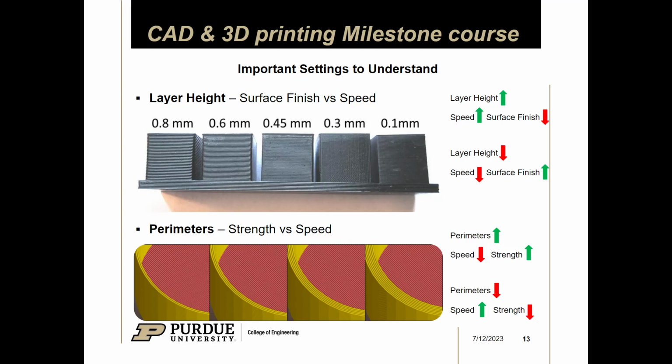So layer lines and layer adhesion are very important in 3D printing. Technically speaking, if you print more layers, you're making more points of failure. So if you want a stronger part, sometimes it's actually good to print at taller layer heights. It's kind of interesting. But yeah, I don't know.